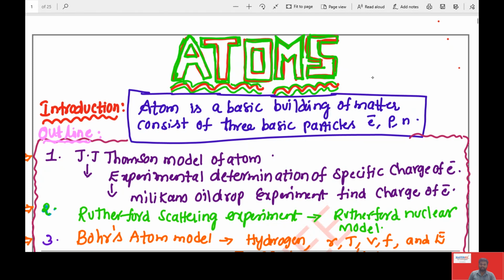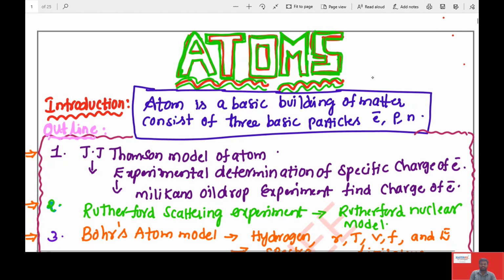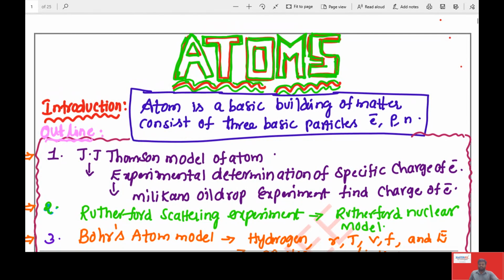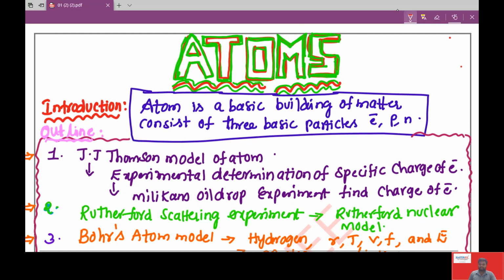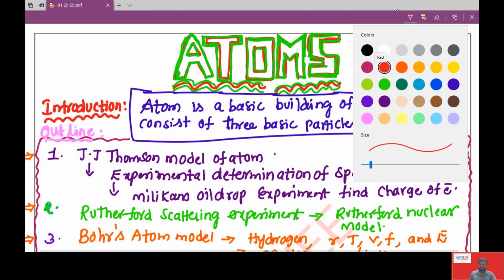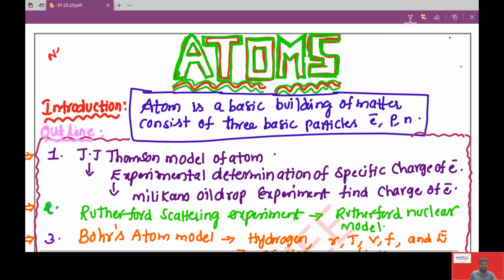We will discuss all that. So the NEET and JEE weightage of our chapter is one question we'll get here, that is 4 marks.